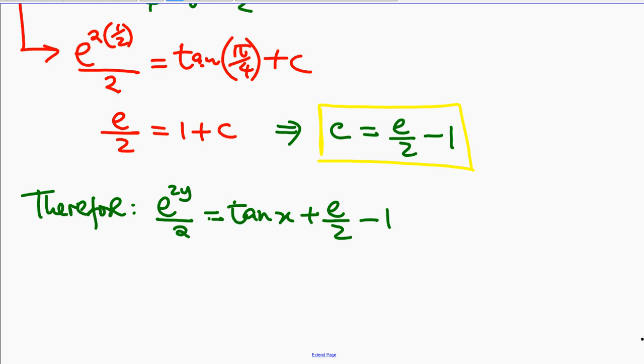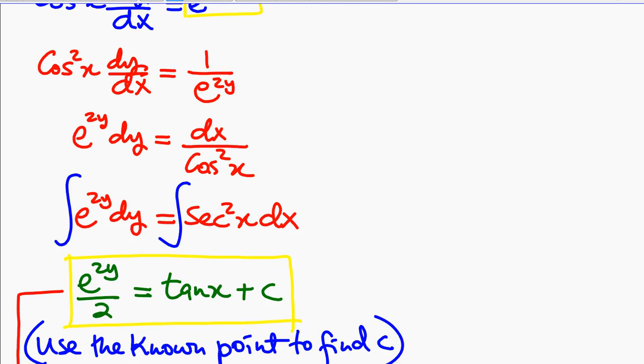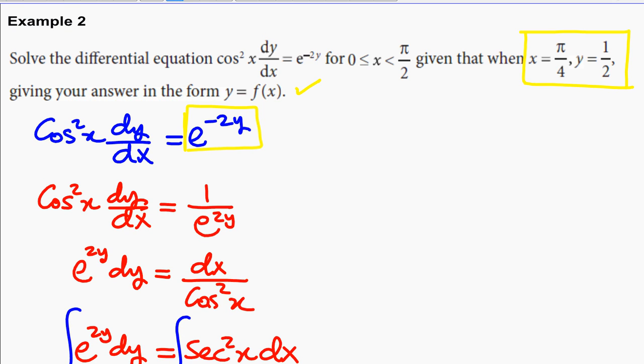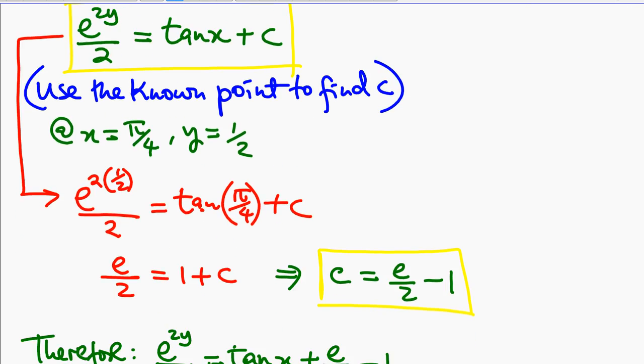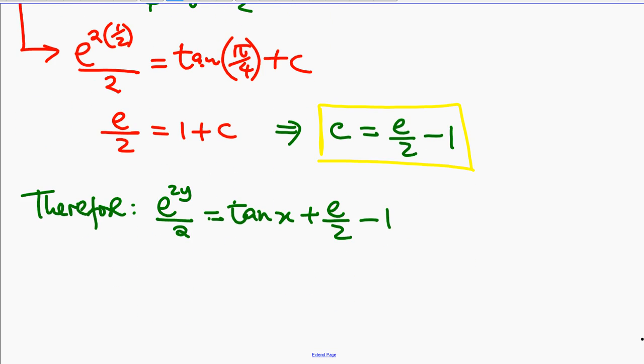Now, in the question, we're asked to write our answer in this form. So what I need to do now is to go back here and find a way of making y the subject of the formula.